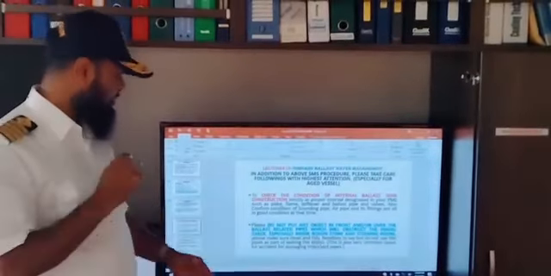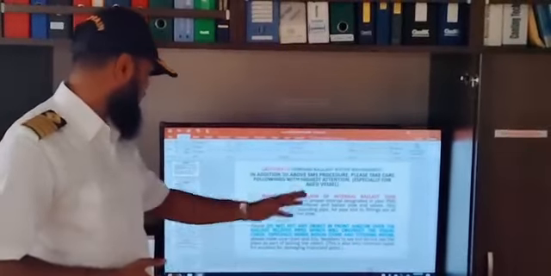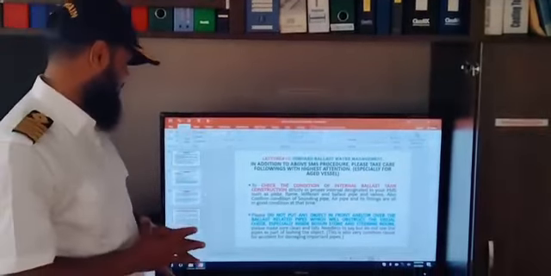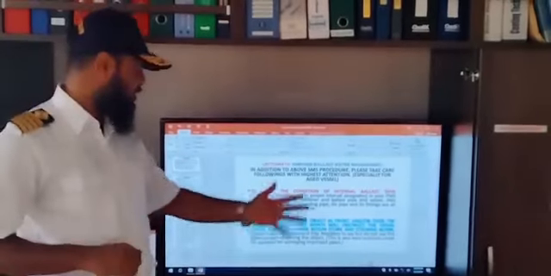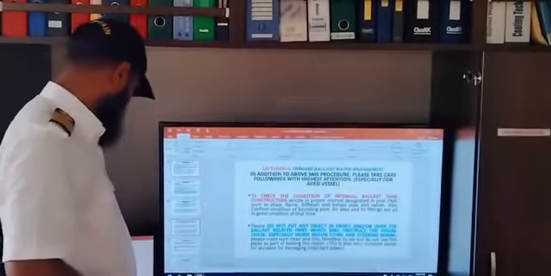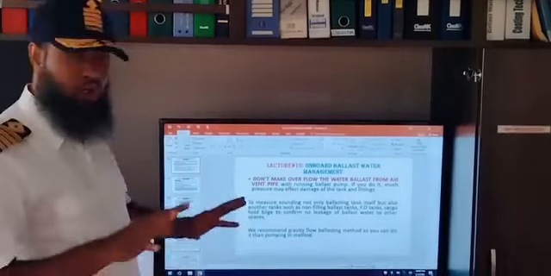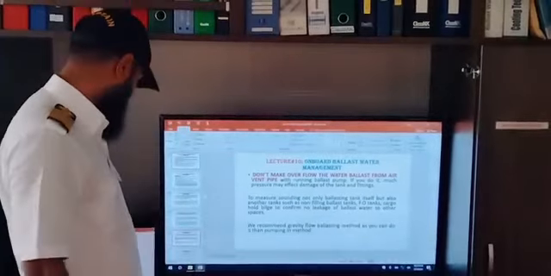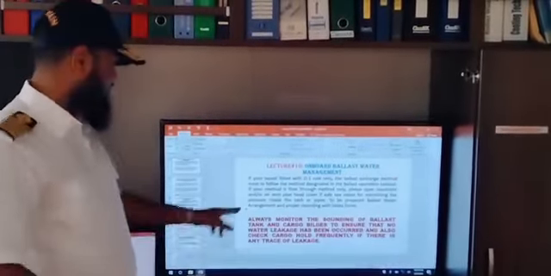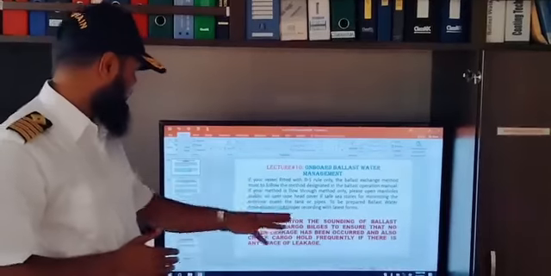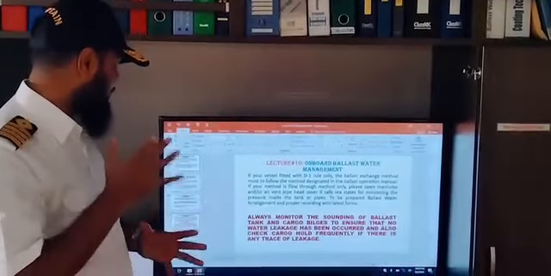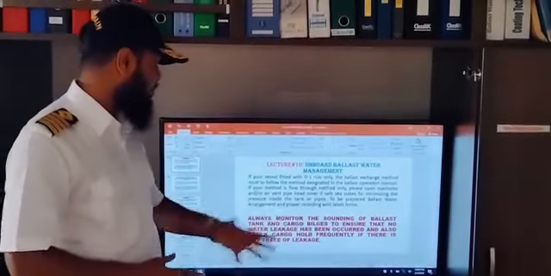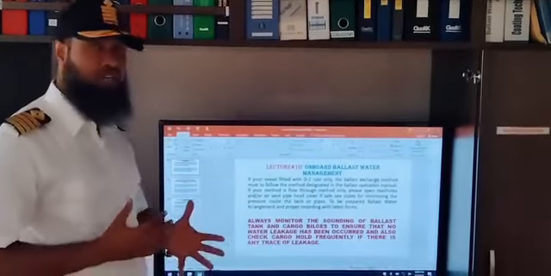Do not put any object in front of the ballast related pipes which will obstruct the visual check, especially in the forepeak store or also the steering gear room. And don't let the ballast water overflow through the air vent pipe. Already mentioned this one. And please always monitor the sounding of ballast tanks and cargo bilges to ensure that no water leakage has occurred, and also check the cargo hold frequently for any trace of leakage.